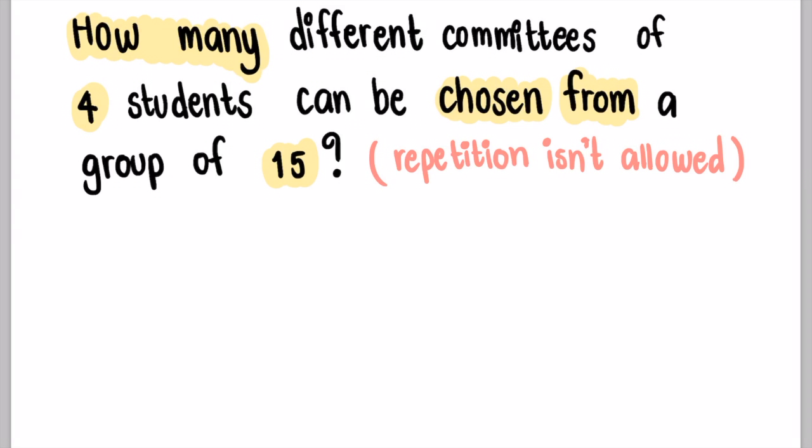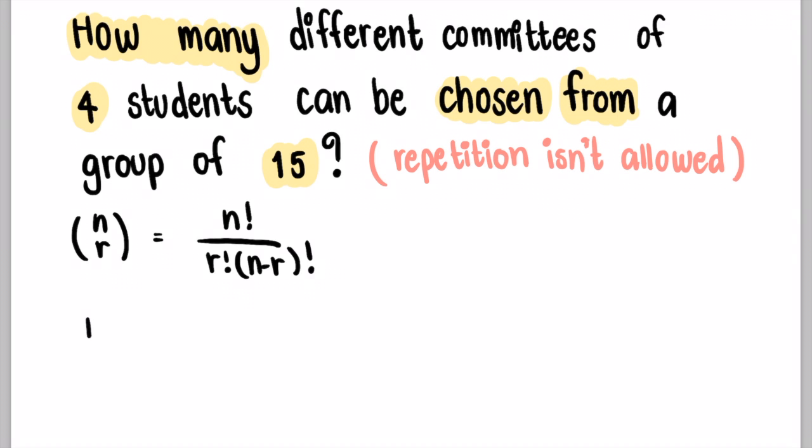In this question, they gave us 15 students and asked how many different committees of 4 students can be chosen. From this question, the total number of students is 15, so it is N, and the chosen objects are 4 students, so it is R. In this question, repetition is not allowed, so you use this formula.